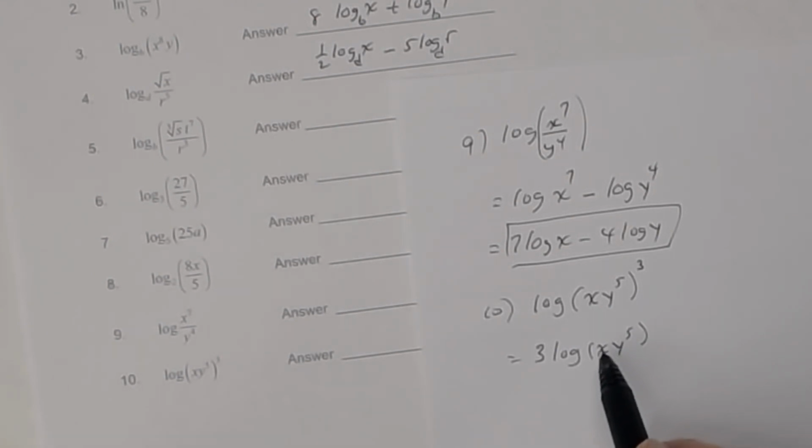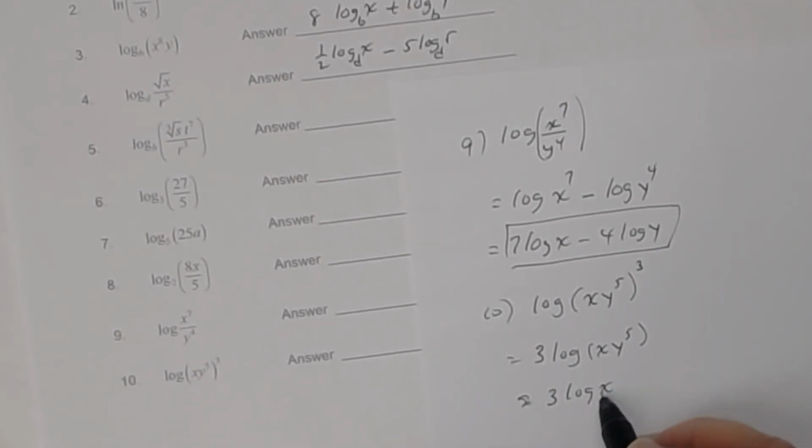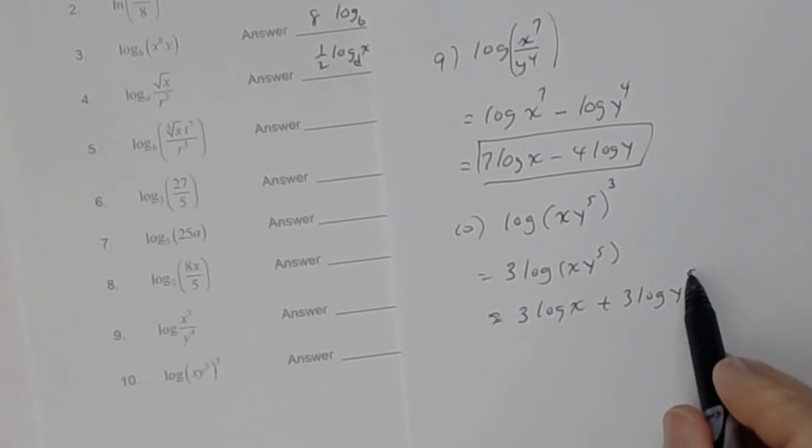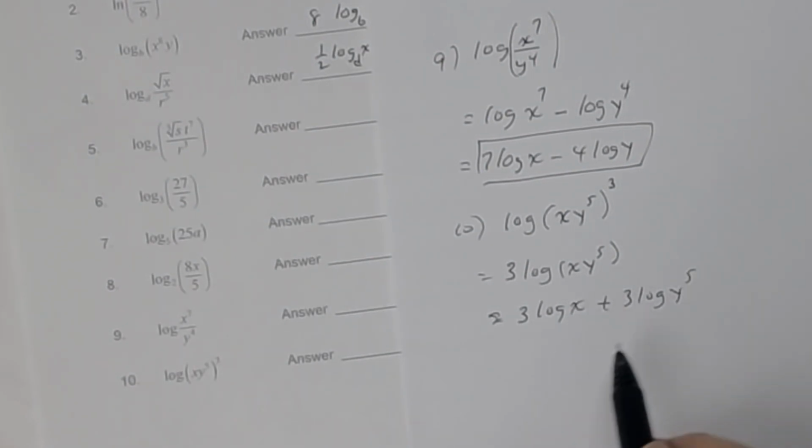All right, so the first thing you're going to do is take the product rule. So this becomes, and it's going to be 3. Don't forget to write the 3. So it'll be 3 log of x plus 3 log of y to the 5th. And notice right here, this exponent is 1, so I'm done.